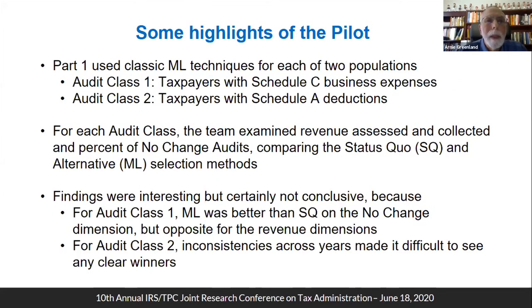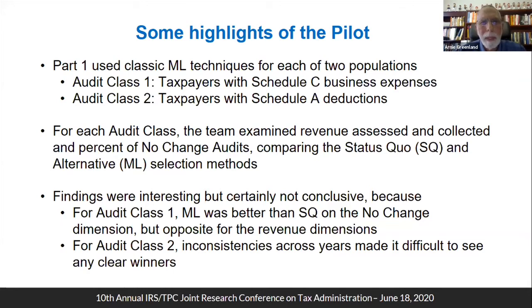Next slide. So in part one, there were two audit classes: taxpayers with Schedule C business expenses, and taxpayers with Schedule A deductions. And they compared a machine learning method to a status quo method, the one we just described that was pretty much subjectively based. And I saw mixed results.